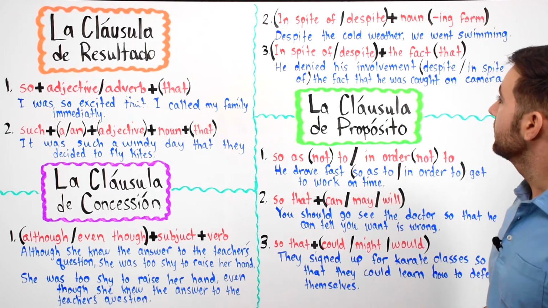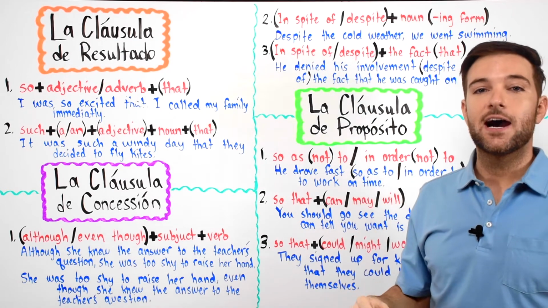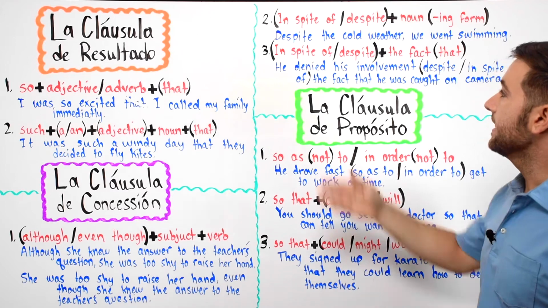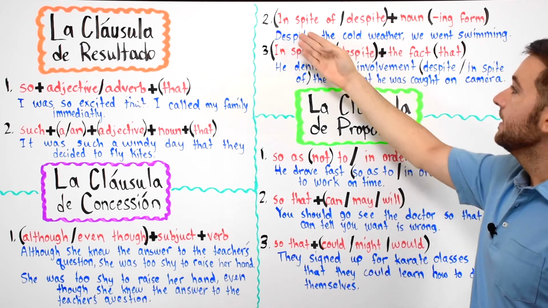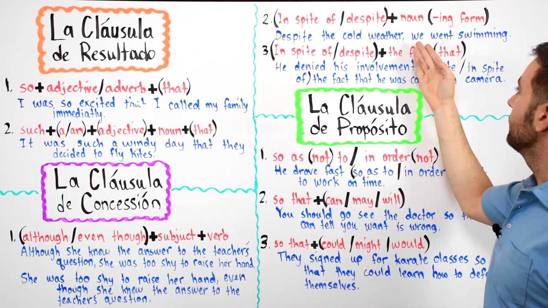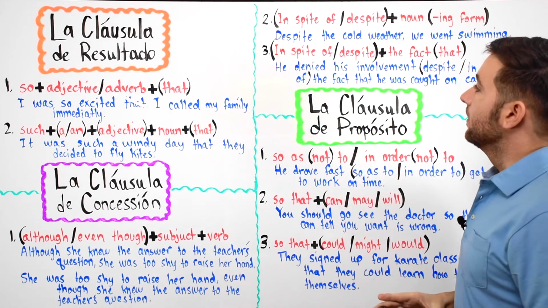Despite or in spite of, it's like a pesar de. Despite the cold weather, in spite of the cold weather, we went swimming, fuimos a nadar. Okay, let's look at the next one.